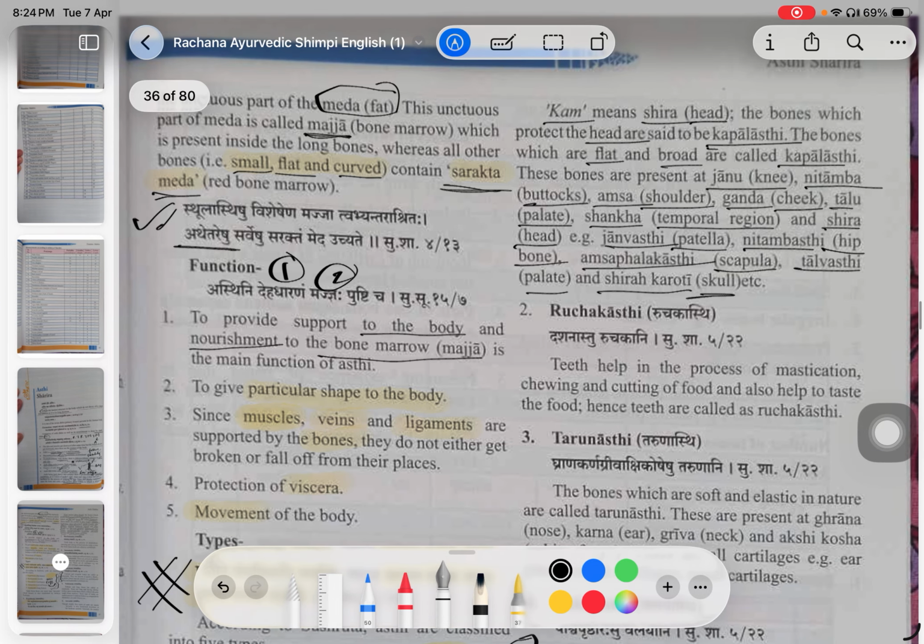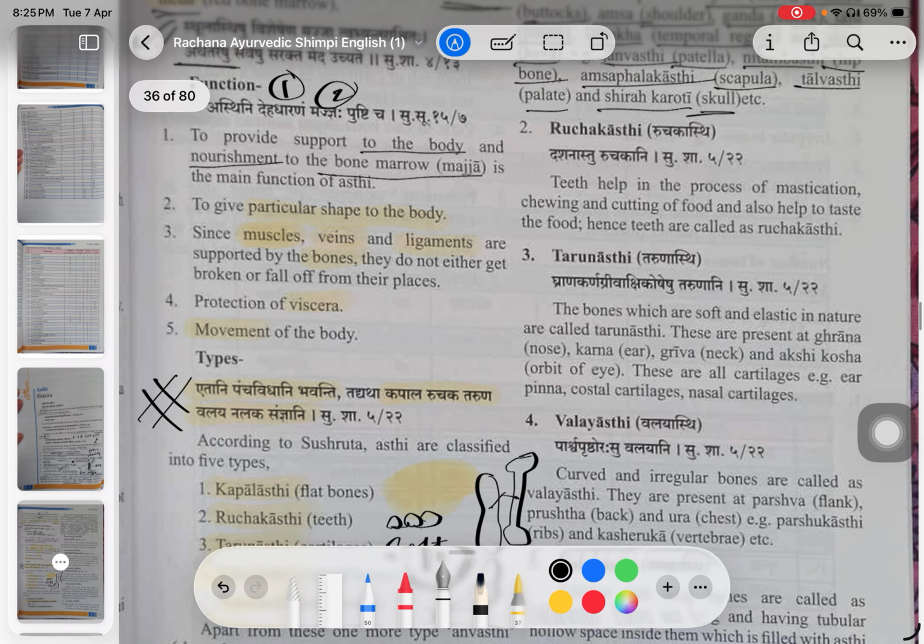So all these skull bones, Janu, Ans, Gand, they come under Kapalasthi. Ruchakasthi. Why is the name Ruchak? Ruchi means interest. So the bones which help in bringing interest to the food are Ruchakasthi. So they are teeth.